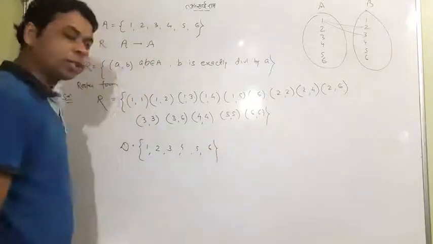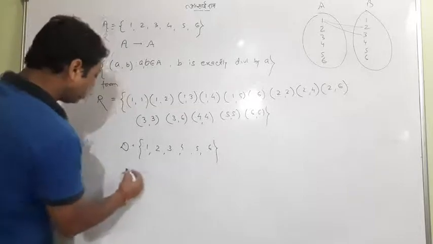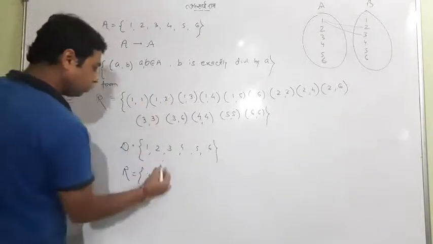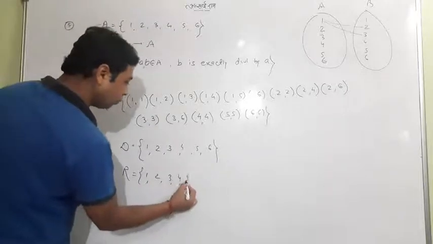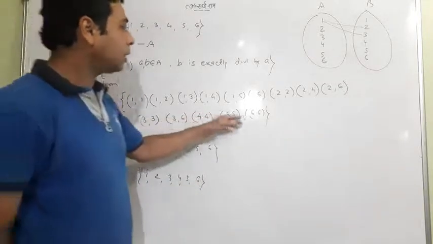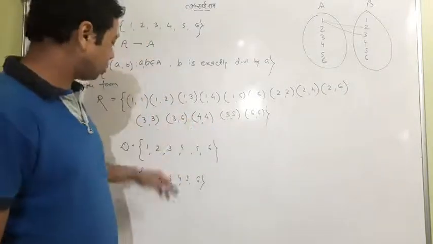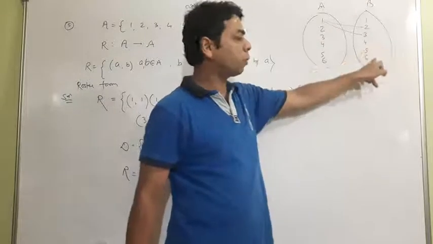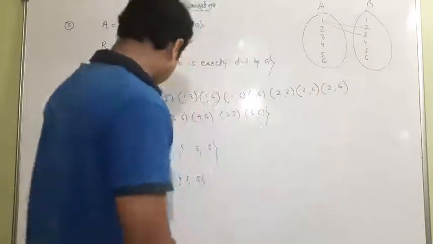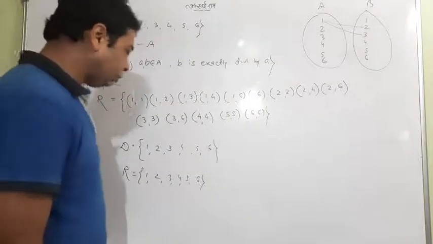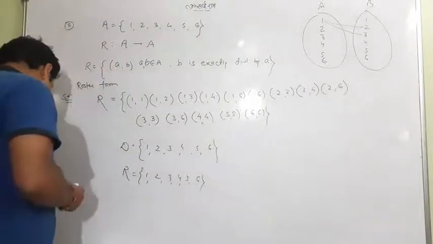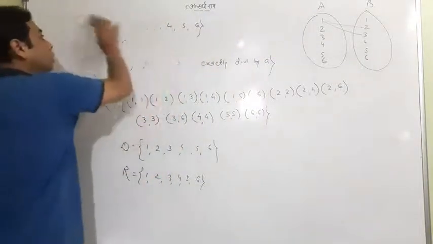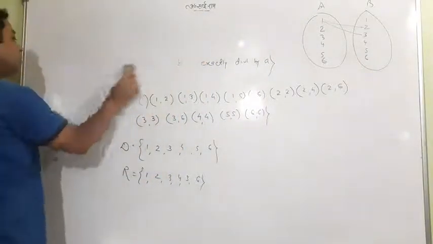So all elements are engaged here as first elements. Now, after domain, the range will definitely be the second elements: 1, 2, 3, 4, 5, 6. And I can't repeat, you know that. So what is the codomain now? The codomain is itself A, which is equal to the range this time only. So this is a simple question, but it's a meaningful question, so I have explained it here. Okay, now let's move on to some other question.